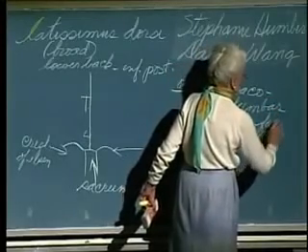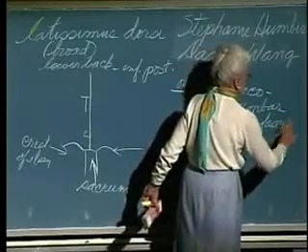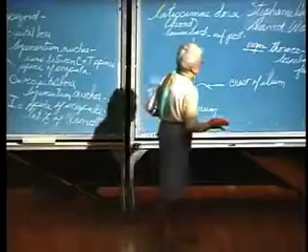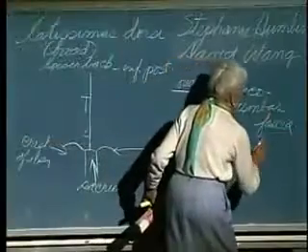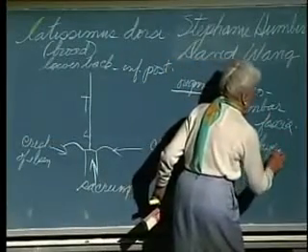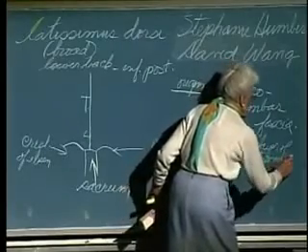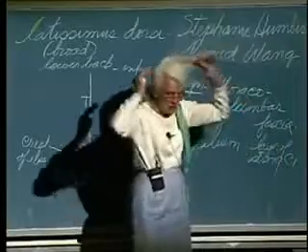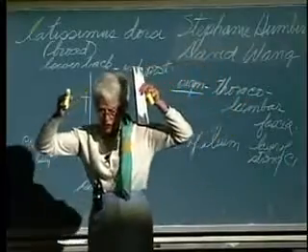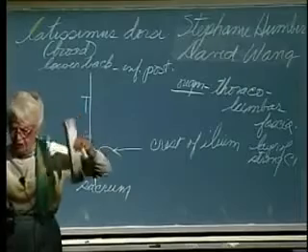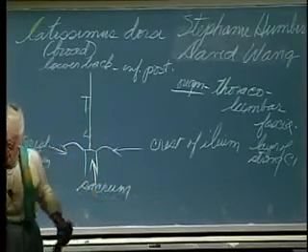What is fascia? Fascia is a layer of strong connective tissue. We've had fascia as an aponeurosis. Essentially, that was a layer of thick, heavy connective tissue. Fascia is essentially the same.